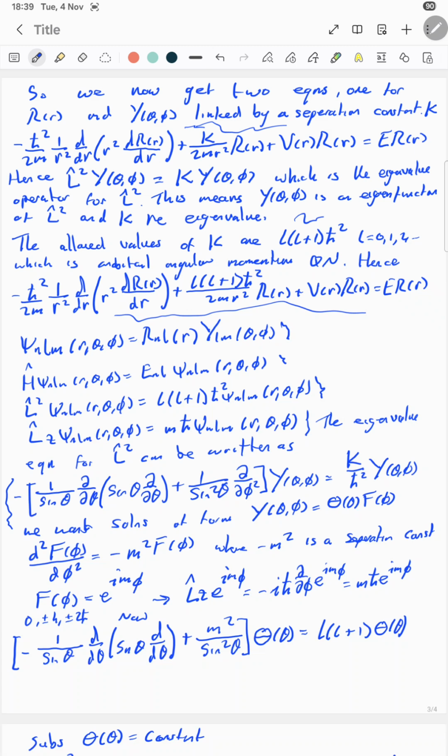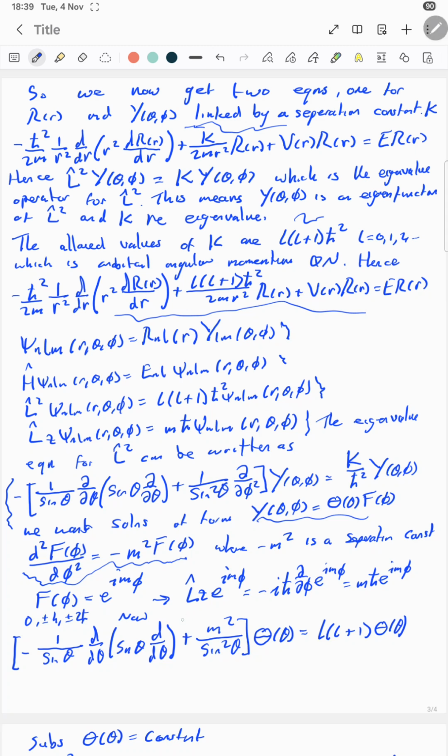So we want solutions of the form given here, and this is a very basic partial differential equation, the simplest one in these spherical coordinate systems, and it's given here, where minus m squared is the separation constant.